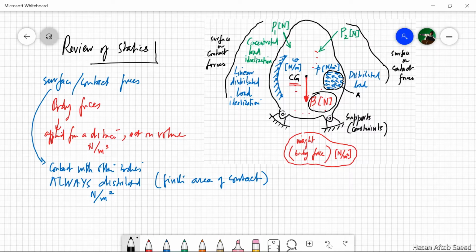But there are two idealizations of contact force. The first one is linear distributed load idealization. This is where the distributed load is applied on a narrow strip of an area. Let's consider this narrow strip of an area on which this distributed load is being applied, so that the distribution is symmetric above the center line.